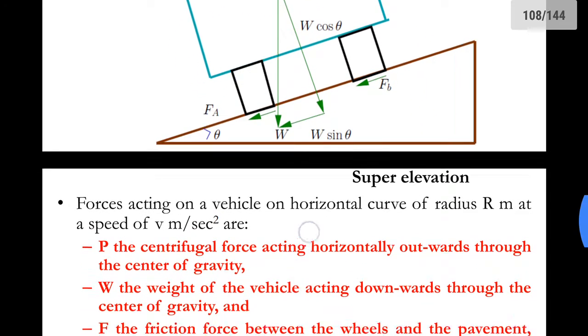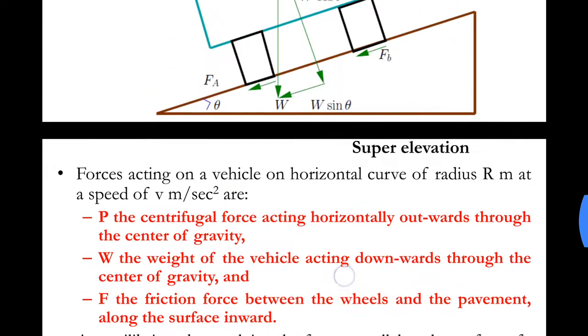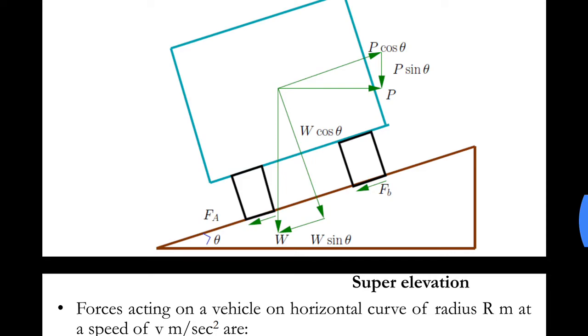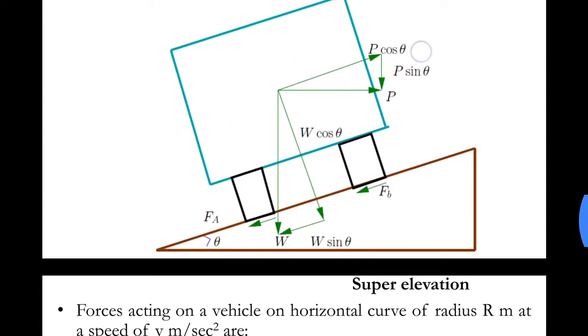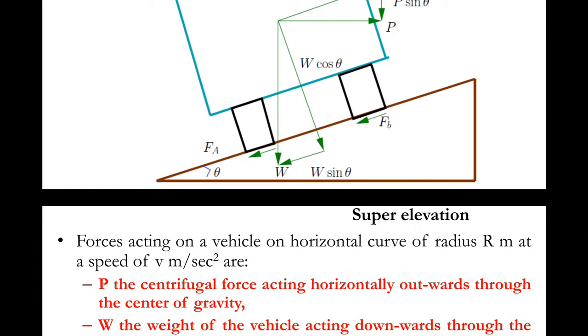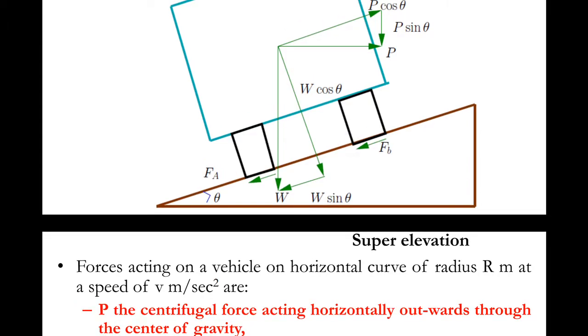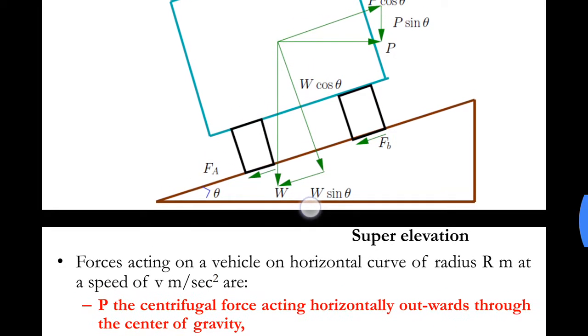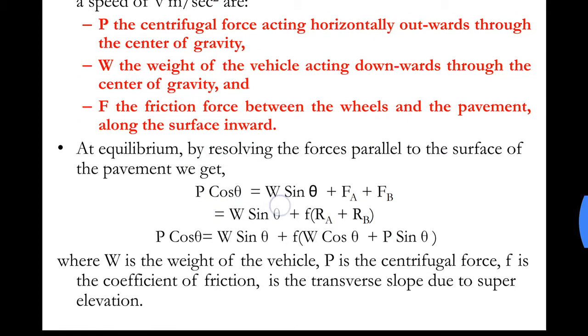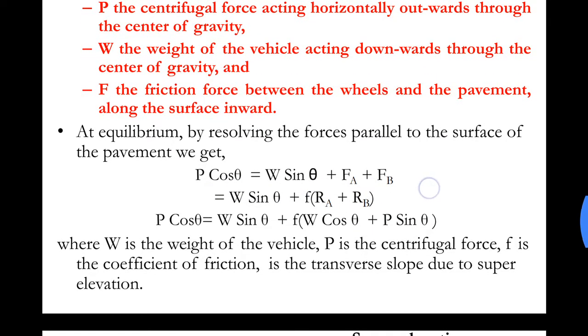So P cos theta, which is the rightward acting force, is equal to the summation of all leftward acting forces, that is Fa plus Fb plus W sin theta. So P cos theta is equal to W sin theta plus Fa plus Fb.